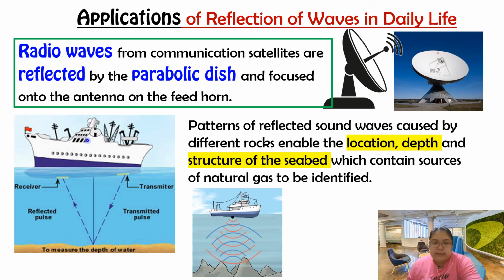Then you see the pattern of the refracted sound wave. It is also used to detect different rocks and identify the location, depth and structure of the seabed, which can help identify natural gas. So they also find natural gas by using the refraction of sound waves.